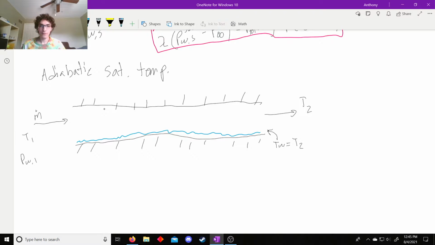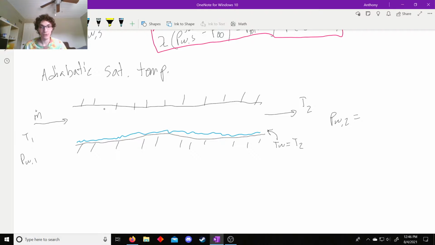And then over here, we're going to have partial pressure of water at 2. And something we want to consider here is that when this air is leaving, it will be saturated with water, and the amount of water that's actually in the air is going to be equal to the saturation pressure of the water at TW.